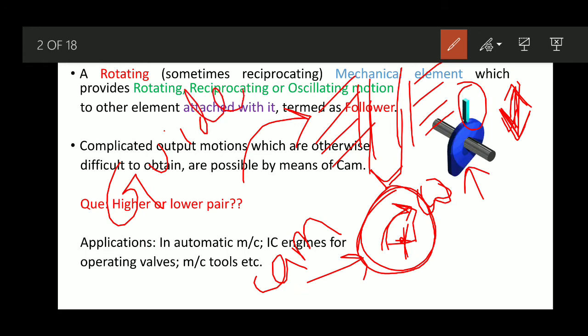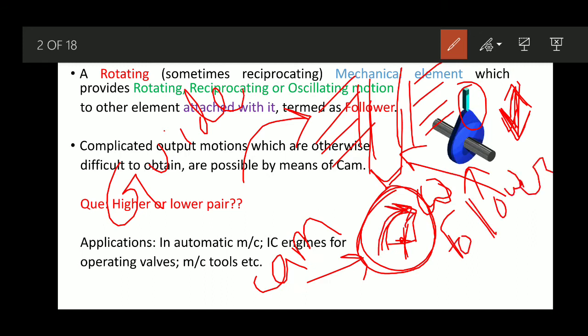This is the follower, and this part which is rotating in most cases is the cam. So three basic elements we can discuss: the cam, the follower, and the guide or the fixed frame. This is nothing but the fixed element.